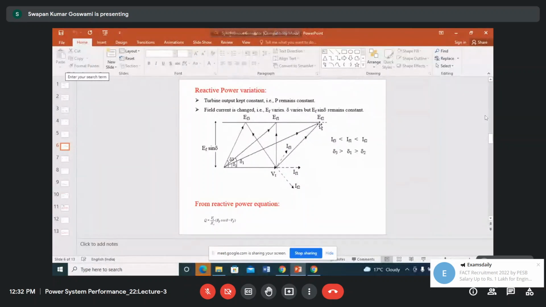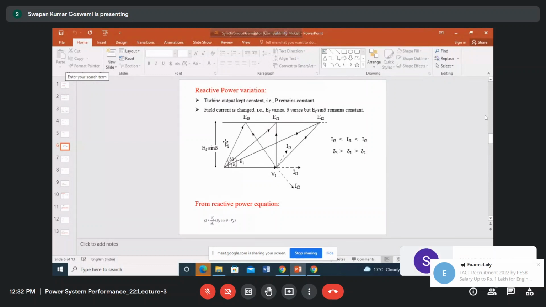In that case, you see that the armature current will be lagging this by 90 degrees. That means this will be the position of the armature current. And in that case, the generator current is lagging the terminal voltage, which means it is the lagging power factor condition. Field current is higher than the normal current. This is the overexcited condition of the generator.